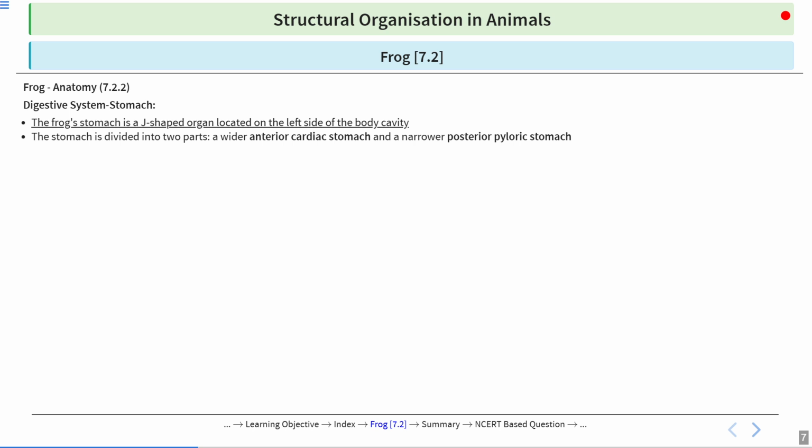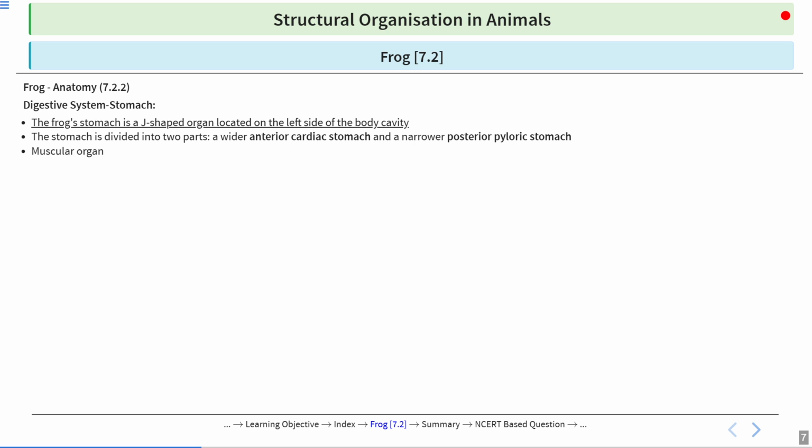That is why this dilated, larger part is called the cardiac stomach. The lower part of the stomach is quite narrow; this is the posterior part, called the pyloric stomach. So two parts of the stomach: cardiac stomach and pyloric stomach, right?